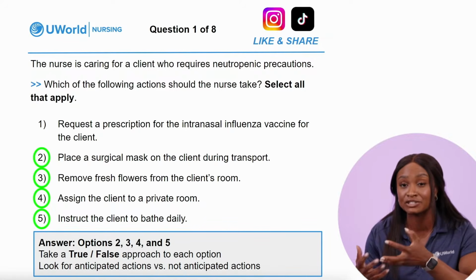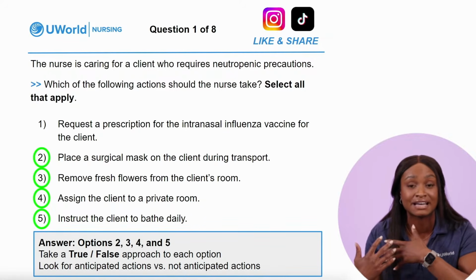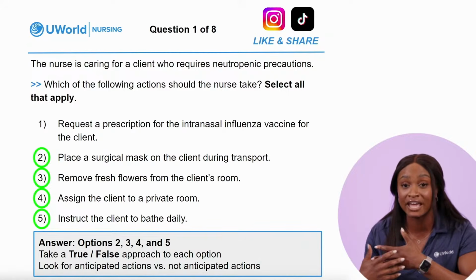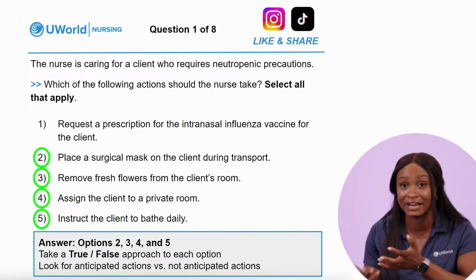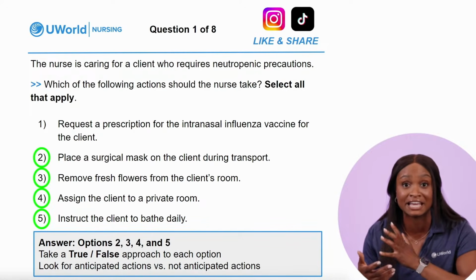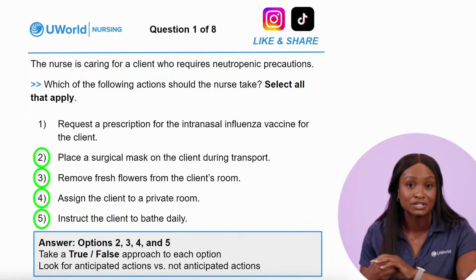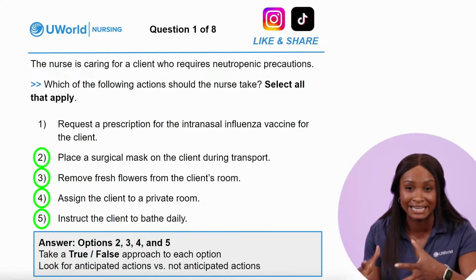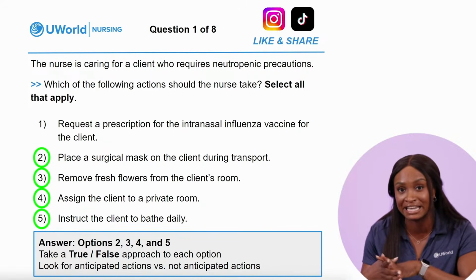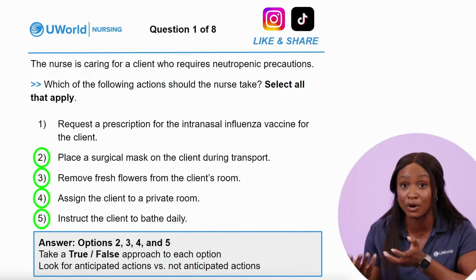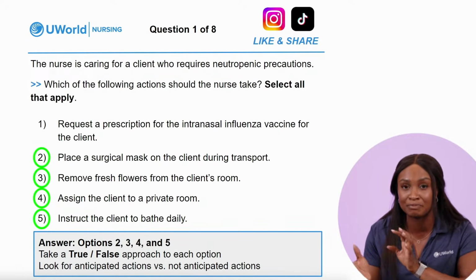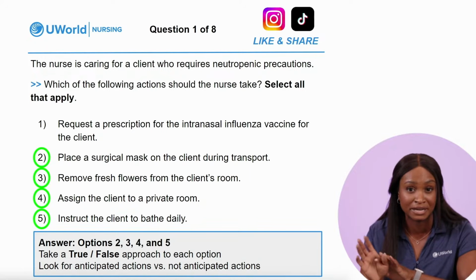And the white blood cells are very important because they are the ones that fight the infection. So if they don't have those blood cells to fight infections, they get infected and they get sick very easily, and they can get very sick. So we want to have them in a certain clean environment to prevent them from getting any infections. So we're looking for answer choices that will help promote a clean, infection-preventing environment.